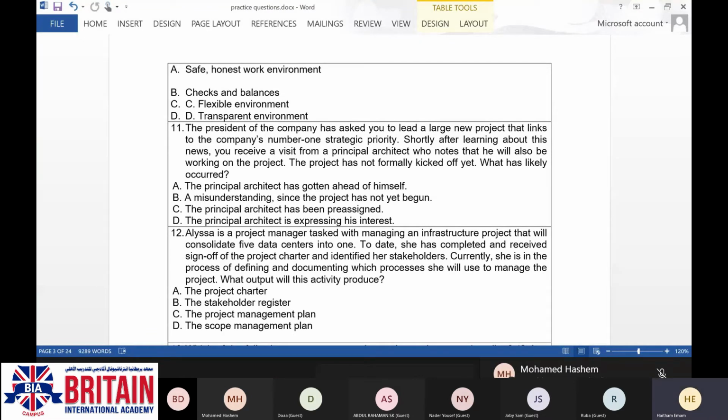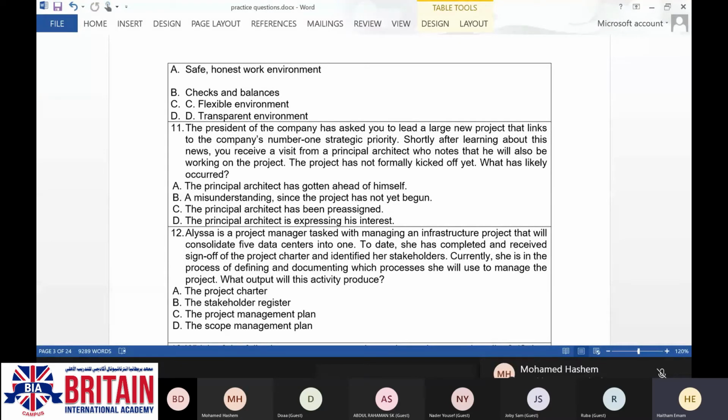And suddenly, while I'm staying in my office, we haven't even started the kickoff meeting to identify the team or anything related to the project. Suddenly, I found someone getting inside my office and telling me, hey, Haitham, how are you?